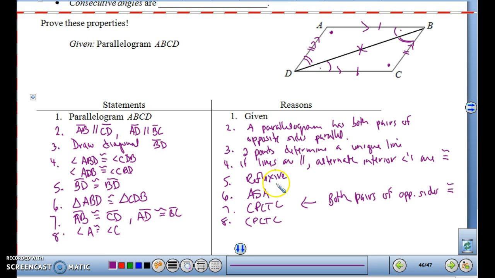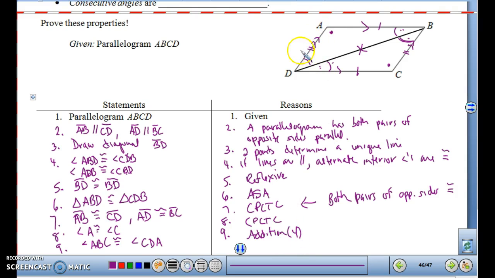Are they congruent? Well, we proved previously in number 4 that these two angles are congruent and these two angles are congruent. So what if I added those together? Would they be congruent? Sure, if I take number 4 and add them together, this plus this and this plus this, I would get angle ABC is congruent to angle CDA, using addition on number 4.